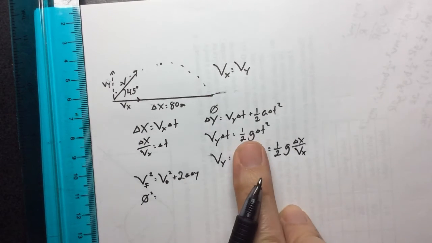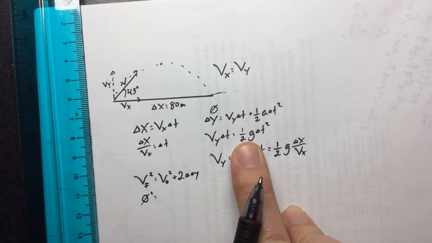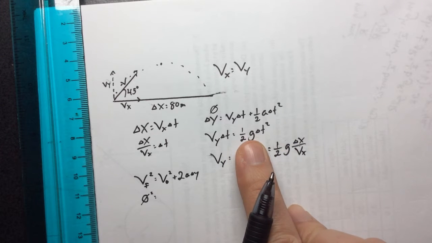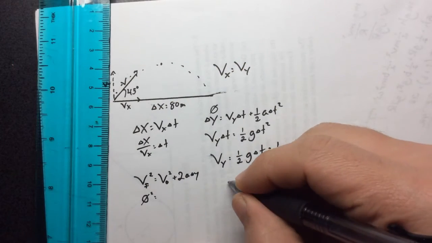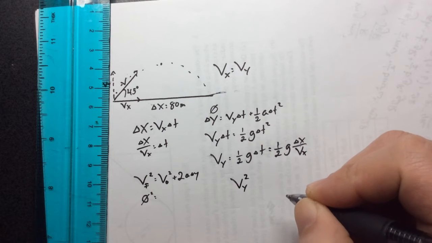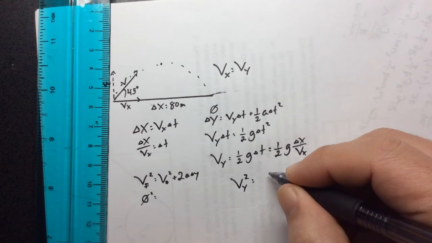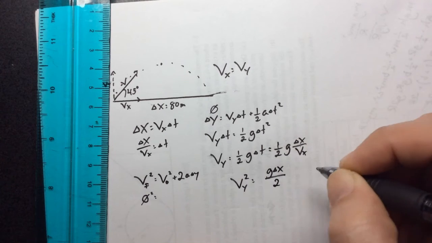And now I have this equation that says that my velocity in the y direction should be equal to the 1/2 g delta x over velocity in the x direction. And we'll use the convenient fact that the velocity should be equal. So my velocity in the y direction squared is equal to g delta x divided by 2.